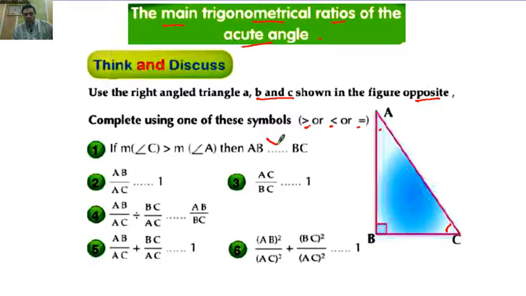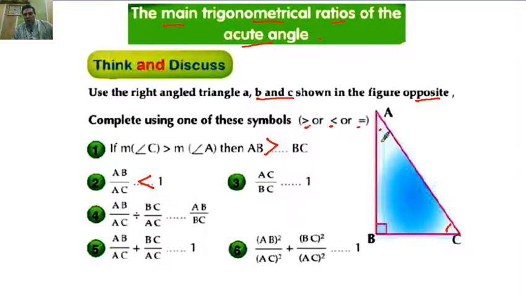Is AB over AC more than 1 or less than 1? AB is a side of the right angled triangle and AC is the hypotenuse, and the hypotenuse is the longest side. Then AB over AC is less than 1.